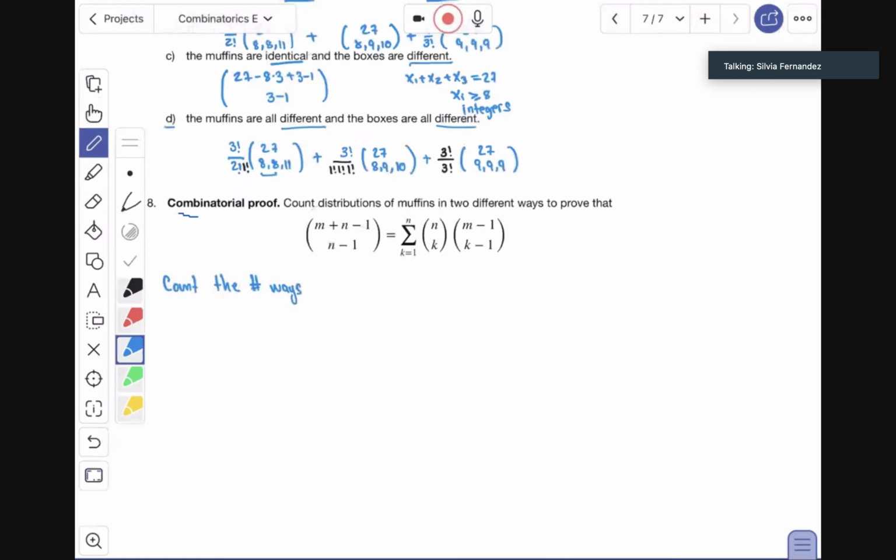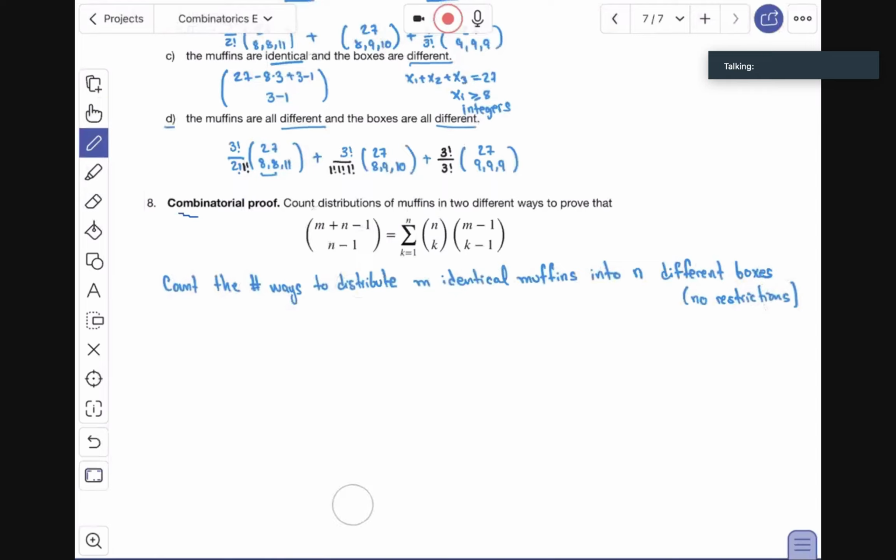This is the formula for the number of distributions of m identical balls, so here I'm going to say muffins, into n different boxes with no restrictions. Just that.